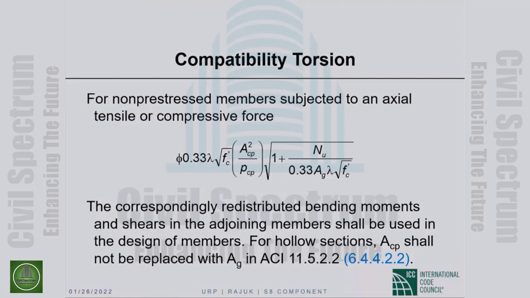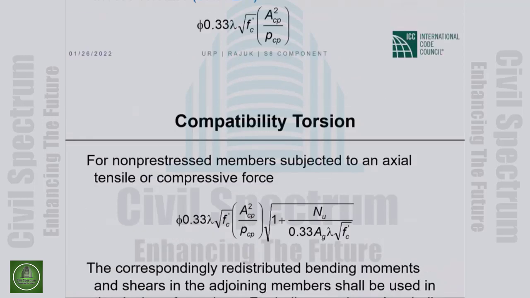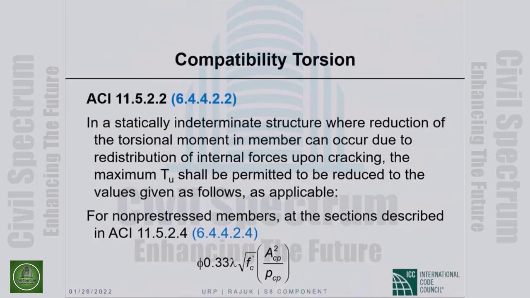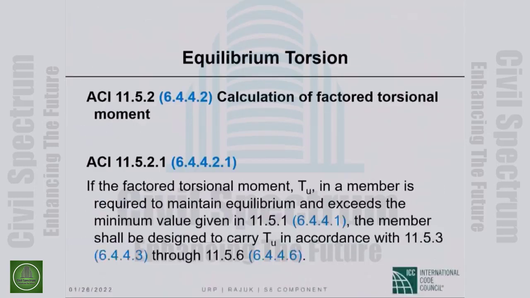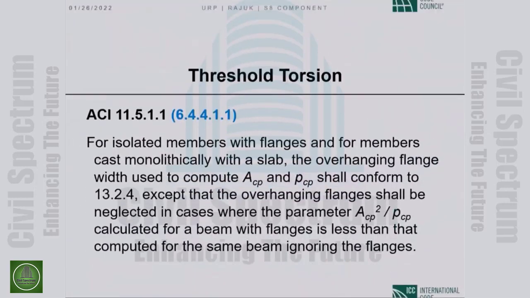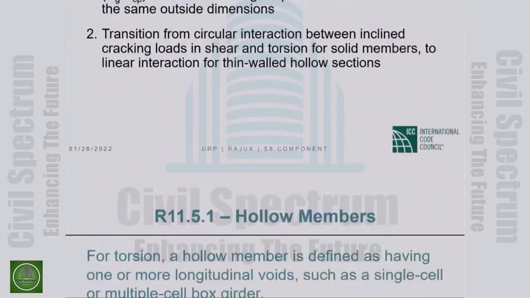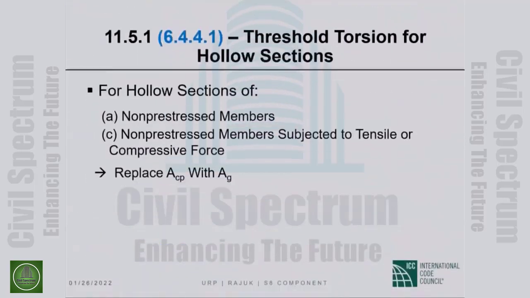Okay, so we said that you shall replace A sub CP with A sub G in the calculation of the threshold torsion and so forth.